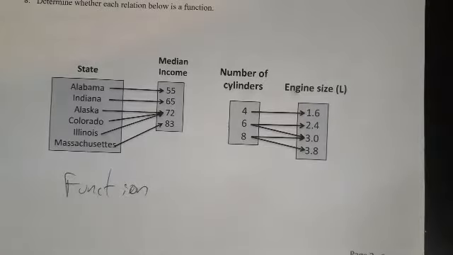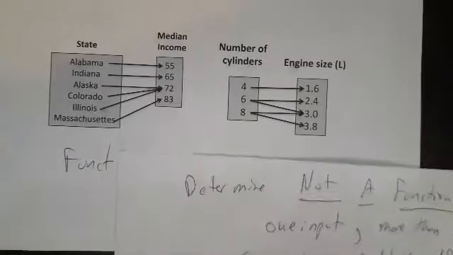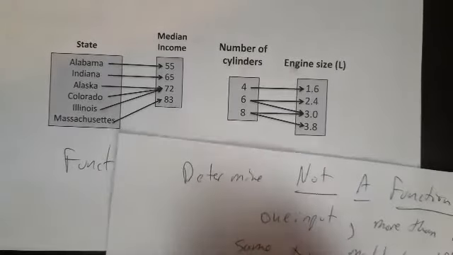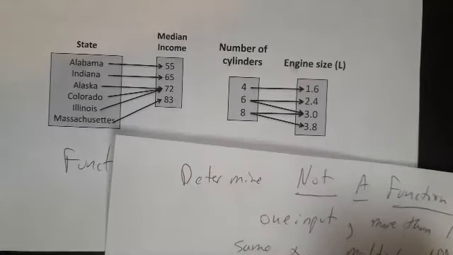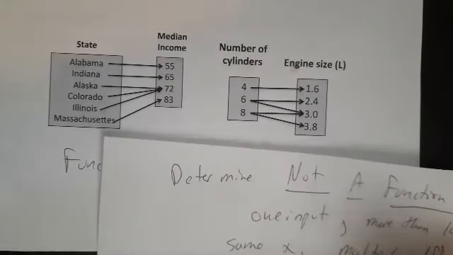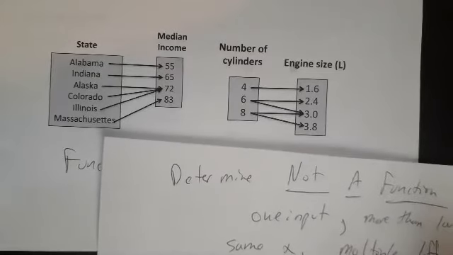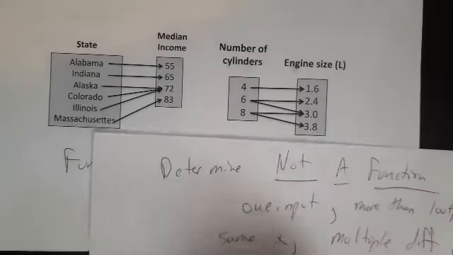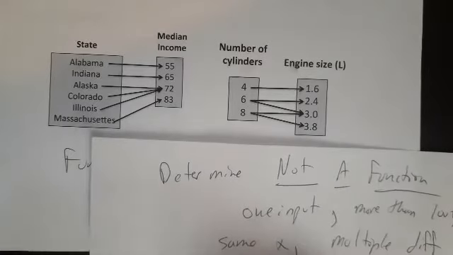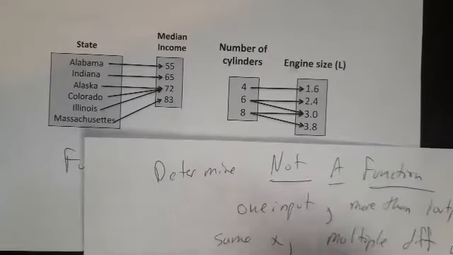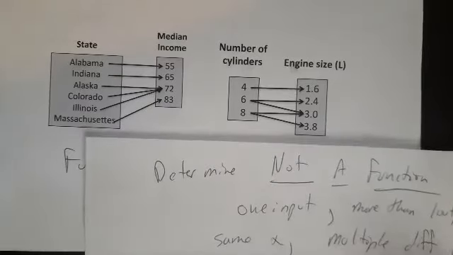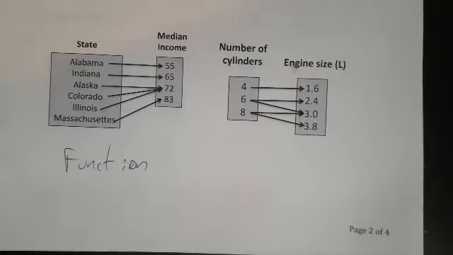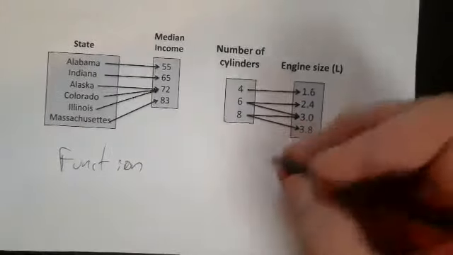Okay. So for this one, I want to write this out as an ordered pair. And you could probably guess if the last one is the example of a function, this one is not going to be.